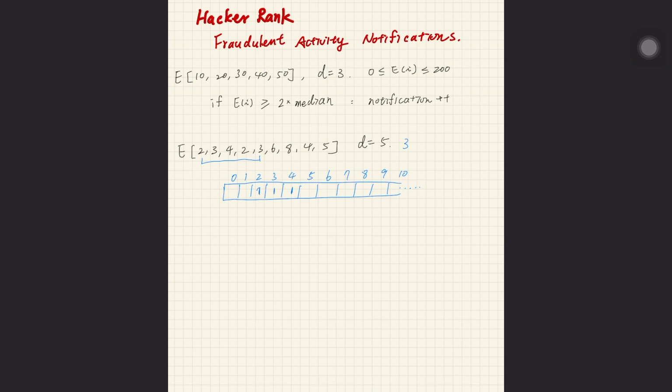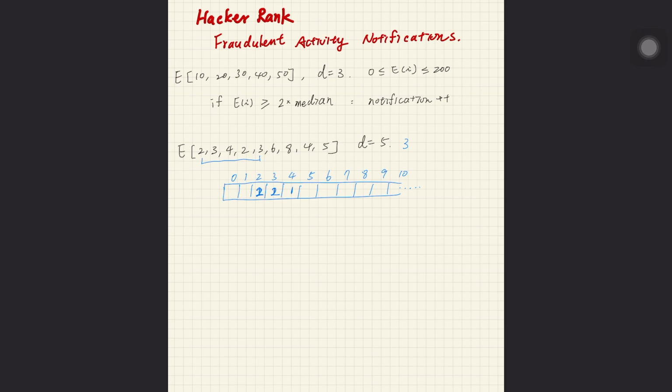So now we have 2 occurrences of 2. Then 3, so it goes from 1 to 2. After filling in the array, let's find the third number in the window.